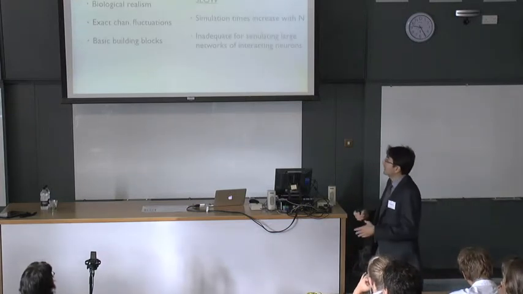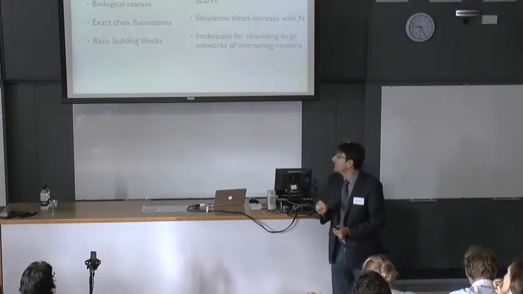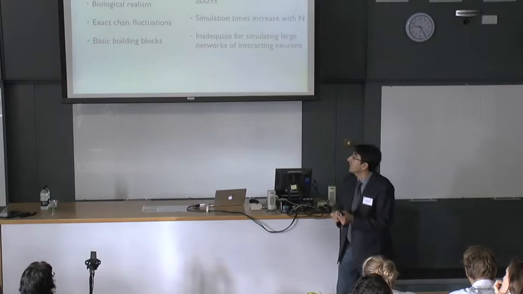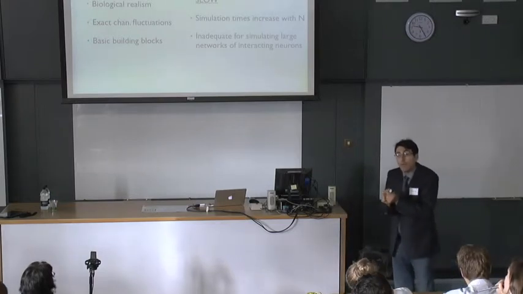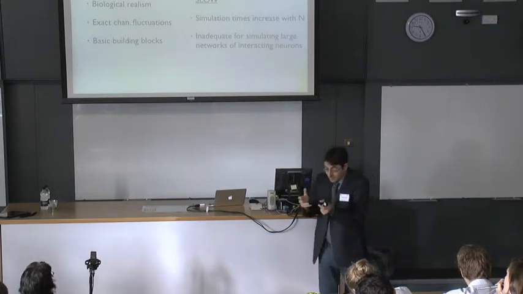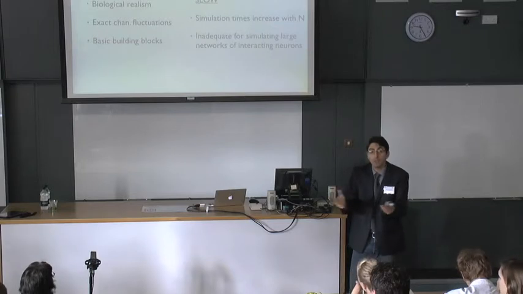So there are, as I said, many advantages of following this route, particularly because it's exact, so it's extremely realistic, and fluctuations are captured in a realistic way. If you can measure those probabilities of transitions experimentally, then you are in.